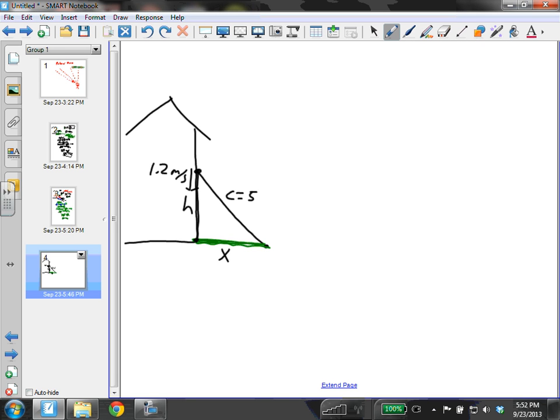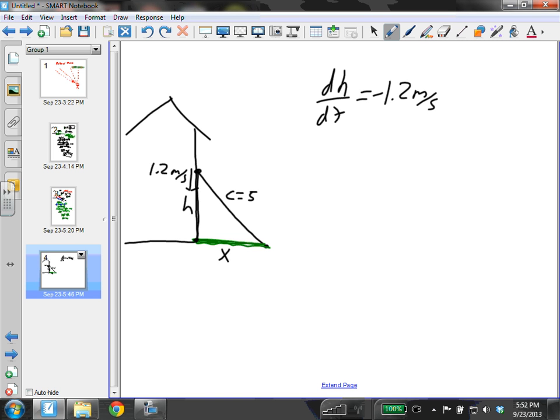So when you see a rate, meters per second, that is the change in a distance h with respect to time. But also, what is very important is that this distance right here, h, is getting smaller as this thing slides down the wall. So since the distance is getting shorter as it slides down the wall, this should be negative 1.2 meters per second.